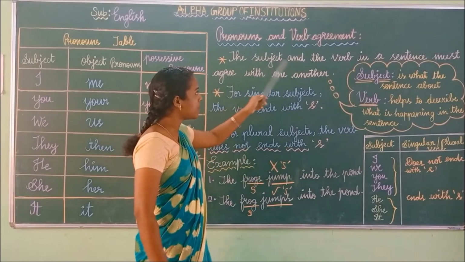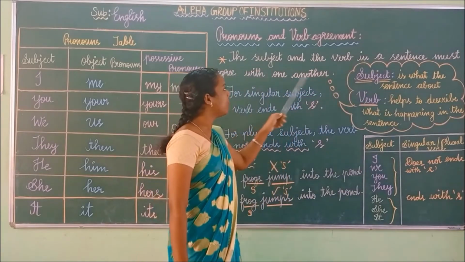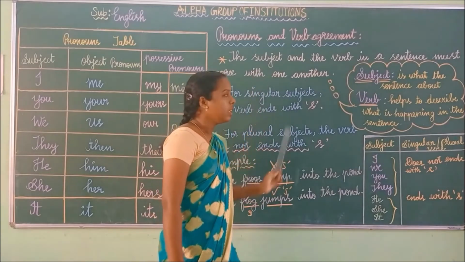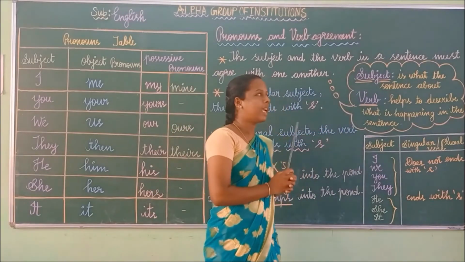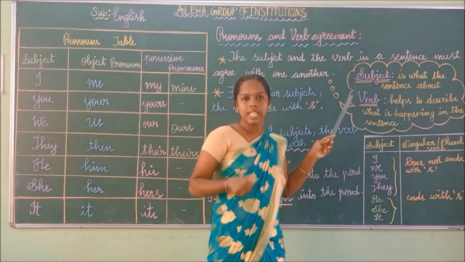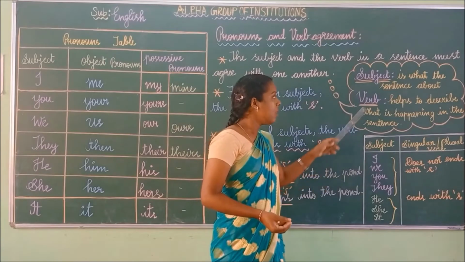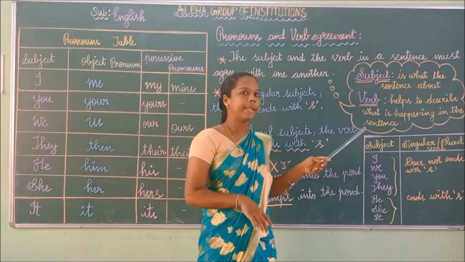So the subject and the verb in a sentence must agree with one another. Subject is what the sentence is about, and the verb helps to describe what is happening in the sentence.